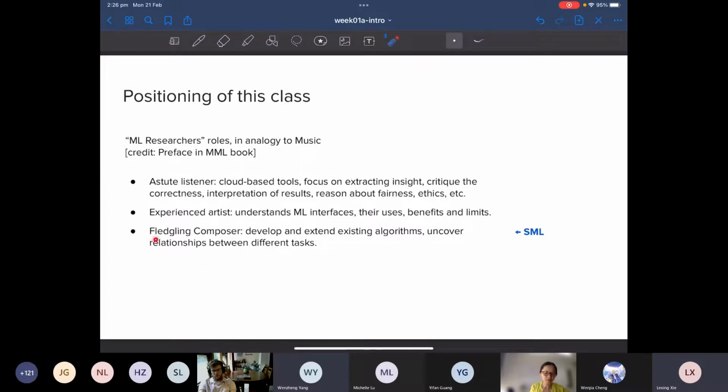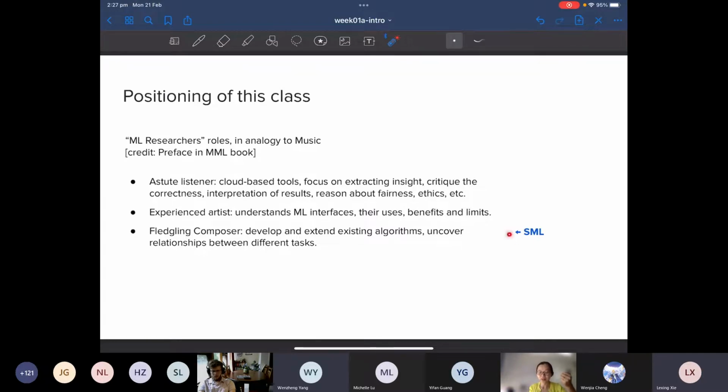And then the next level is fledgling composer. Basically, you develop the skills to extend existing algorithms, to see the connection and distinction between different algorithms, rather than seeing different algorithms and models as separate islands. This gives you a foundation, for example, to tweak and adapt machine learning models for a particular problem, derive new problems, or do research.